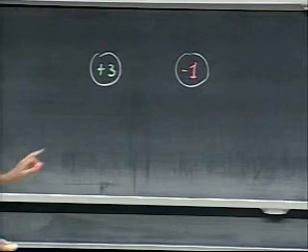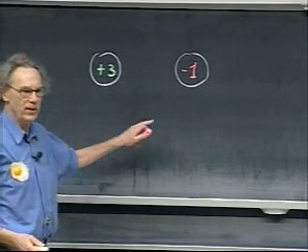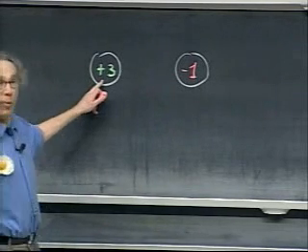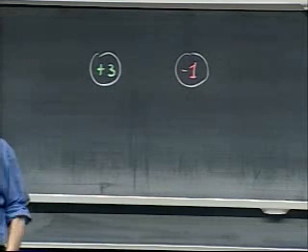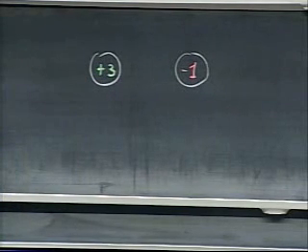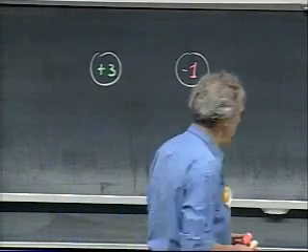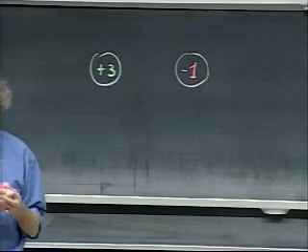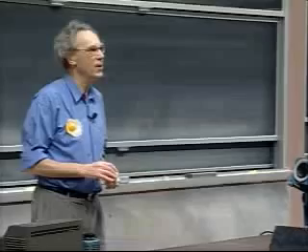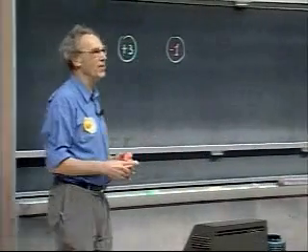So you can go to any particular point. You get an E vector which is going away from the plus 3. You get one that goes to minus 1, and you have to vectorially add the two. If you're very close to minus 1, it's very clear because of the inverse R square relationship that the minus 1 is probably going to win.